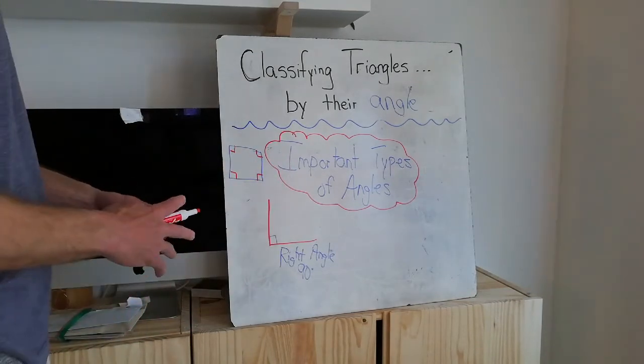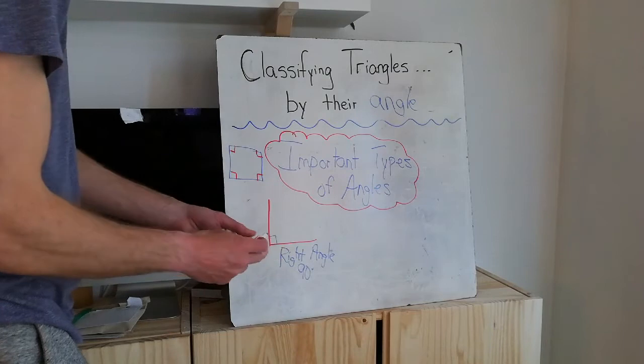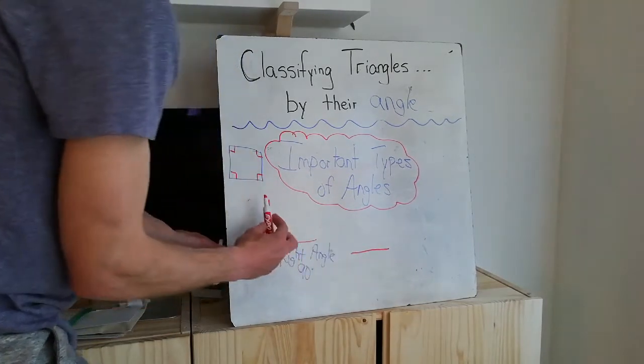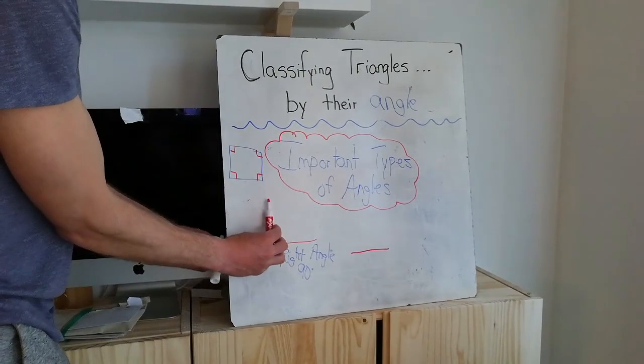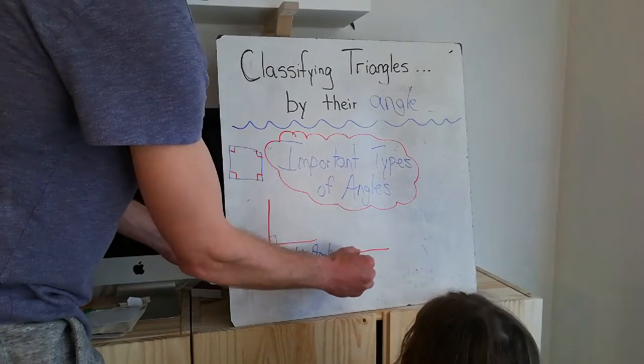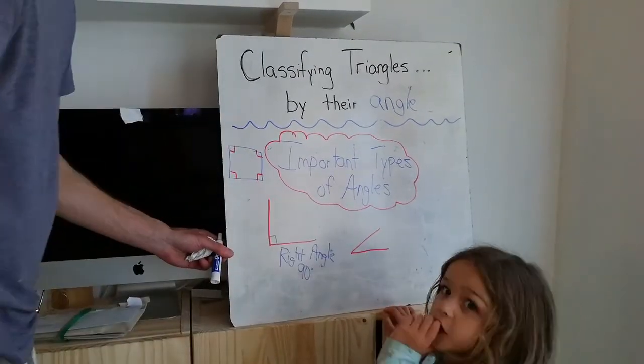Okay, so anything less than a right angle, so again, let's say I have a line here. When I mean less, is if this line goes down closer to the other line, anything less, so let's say right here.